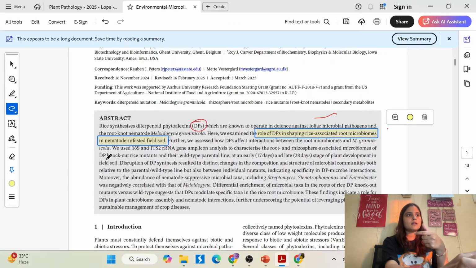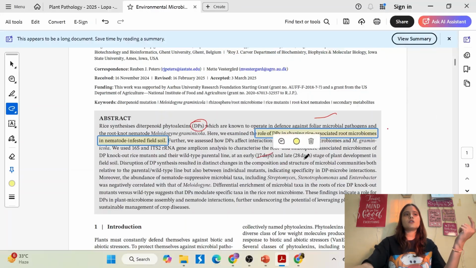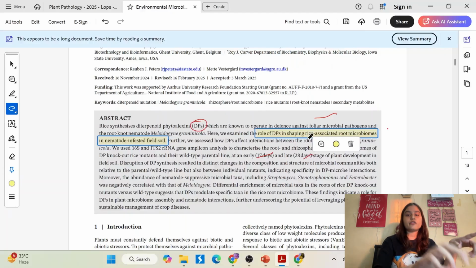Okay, so these DP knockout rice mutants are not able to synthesize those diterpenoid phytoalexins. On the other hand, there is a wild type rice. Okay, and they have studied the microflora at 17 days, that is the early point, and at 28 days, that is the late stage. Okay, so they have observed that there has been a difference in both.